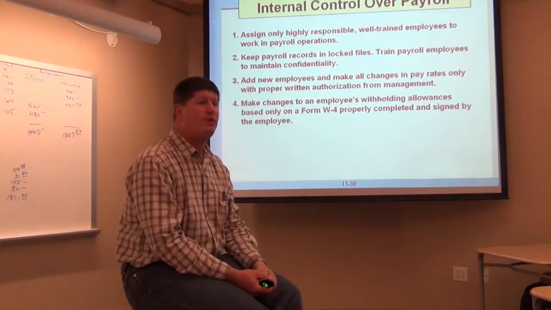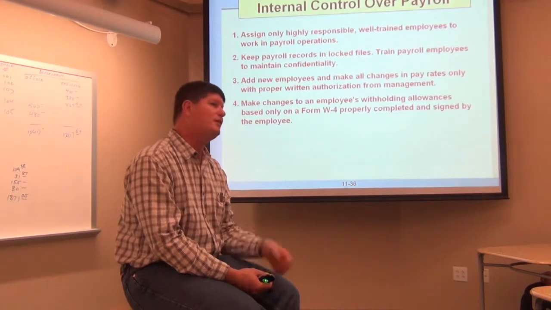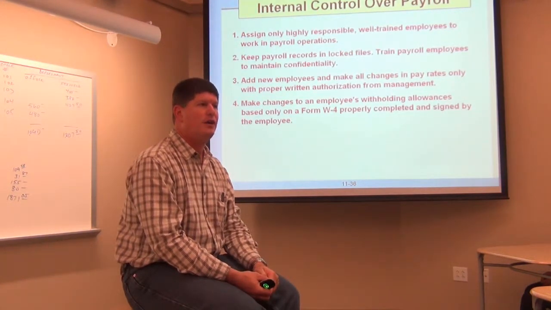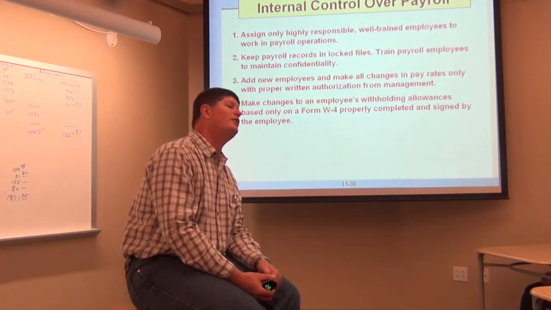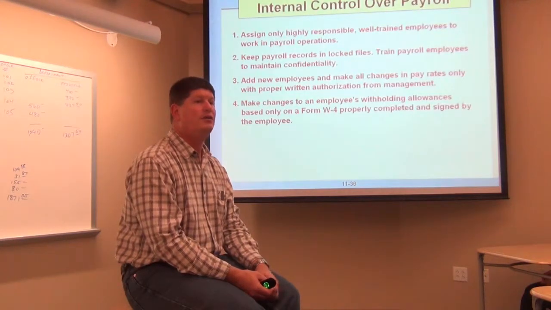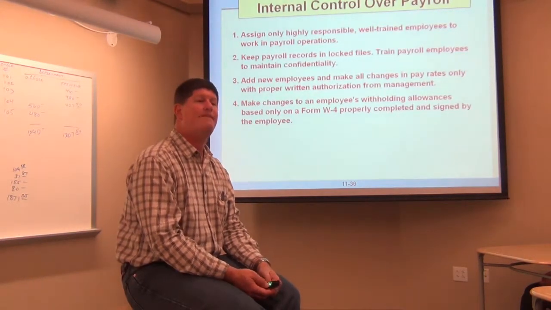Make sure that every employee fills one of those out, and that you don't change their withholding allowances unless they fill out a new form authorizing you to do so. Because it's all heavily government looked at, monitored stuff, and you don't want to be accused of doing something the employee didn't tell you to do. Okay?